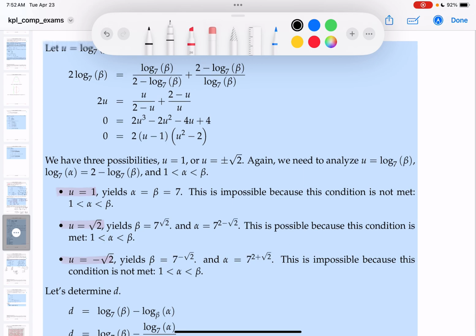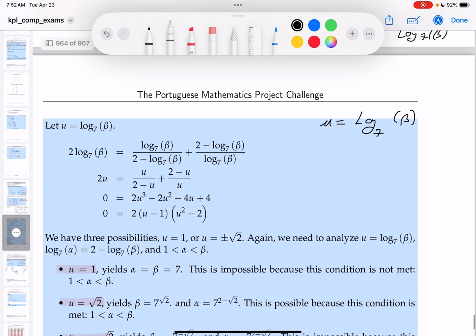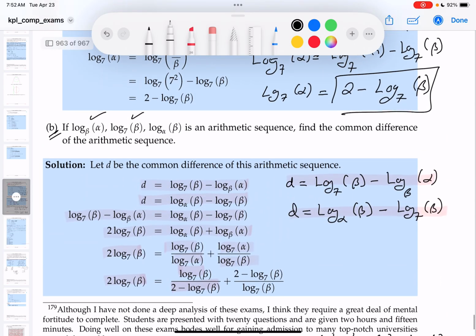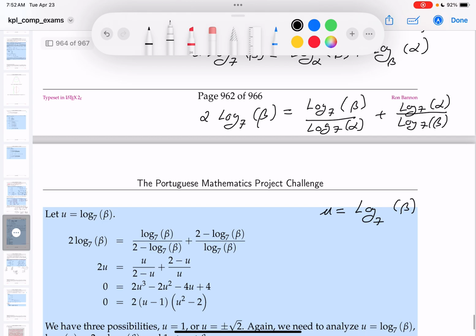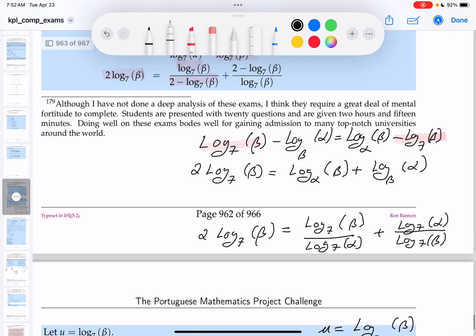So before I do anything, I want to point out that I did make a substitution. The substitution made was u equals log base 7 of beta. That's one thing I do know about. And the other thing I want to point out is, I go back to this original thing, that log base 7 alpha is 2 minus log base 7 of beta, all right?